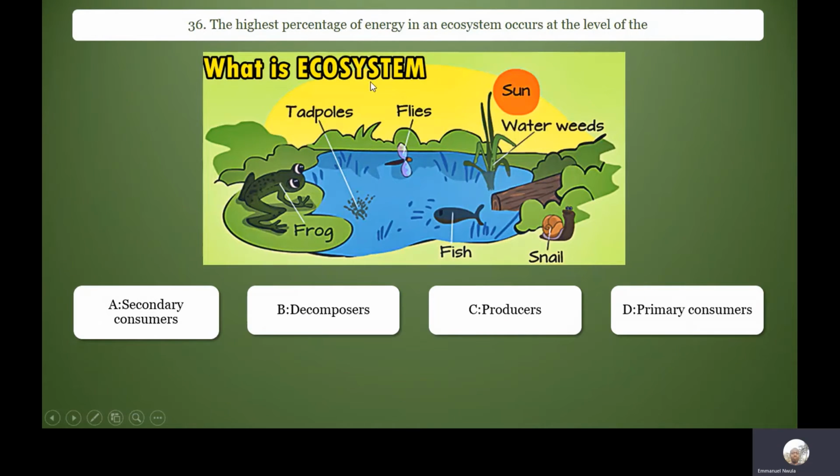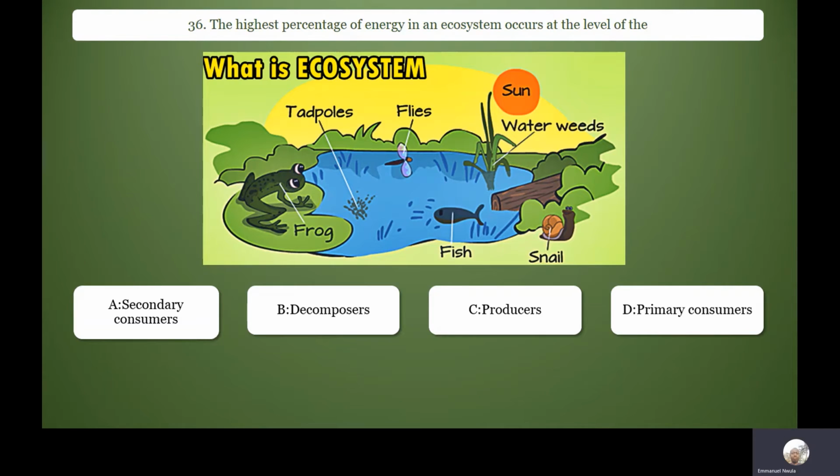The highest percentage of energy in an ecosystem occurs at the level of, correct option here is C, producers. The producers, the plants, are the ones that trap the light energy from the sun and then use that to manufacture food.